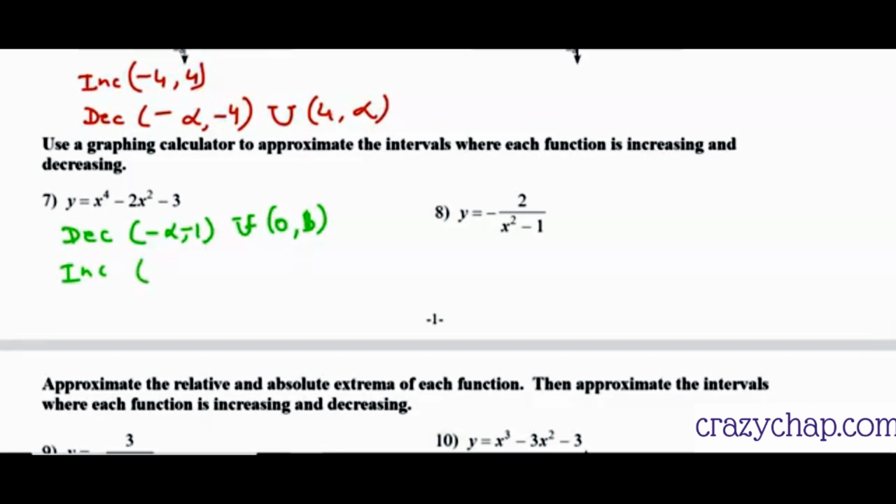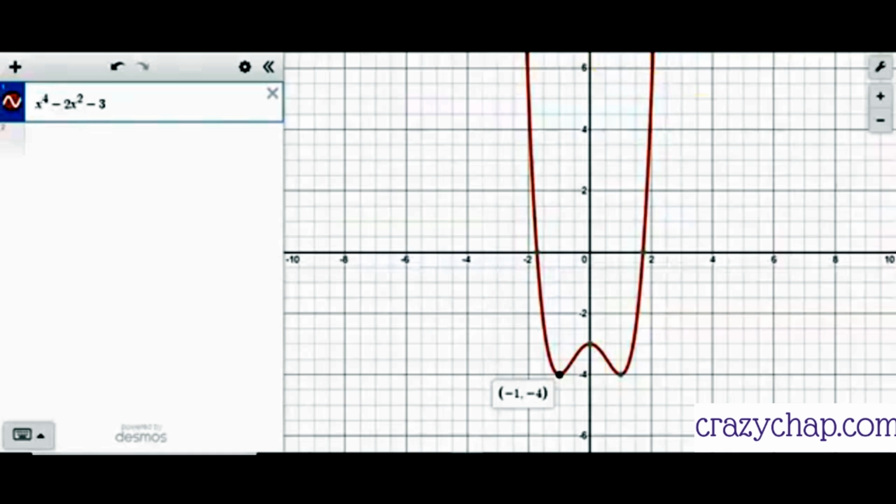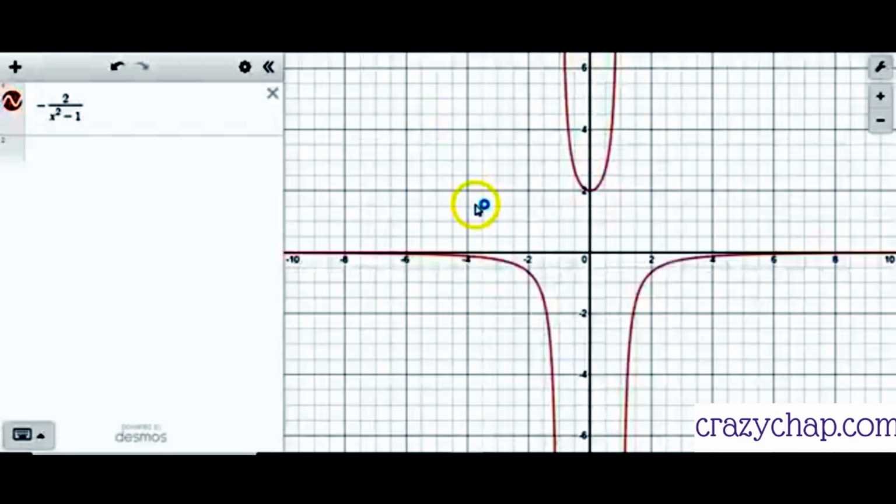Fine. Similarly, you can have a look at question number 8. So from 0 to 1 the function is increasing, and it is again increasing all the way from 1 to infinity, right? So 0 to 1 and 1 to infinity the function is increasing.